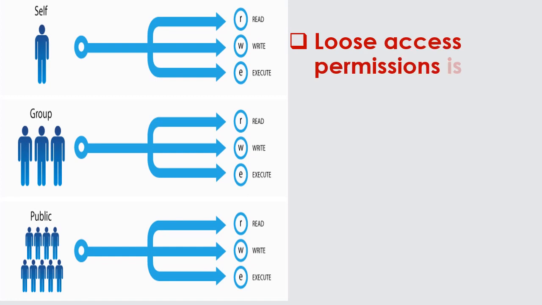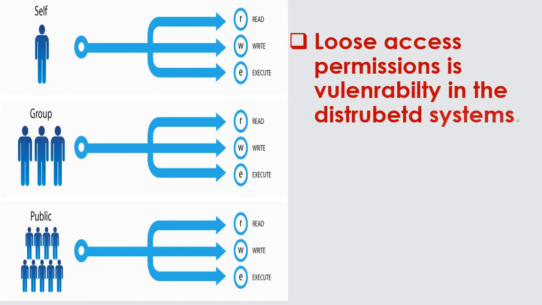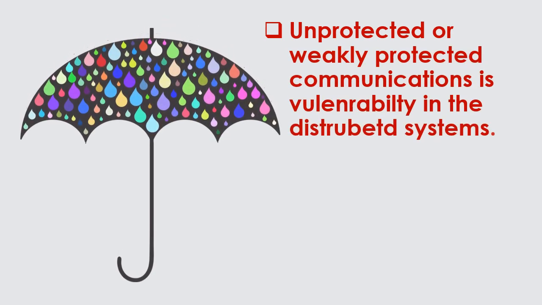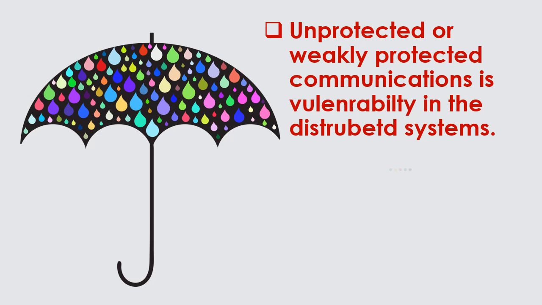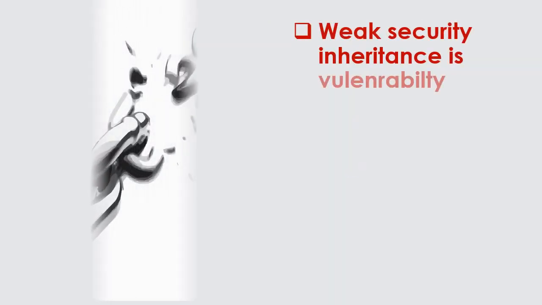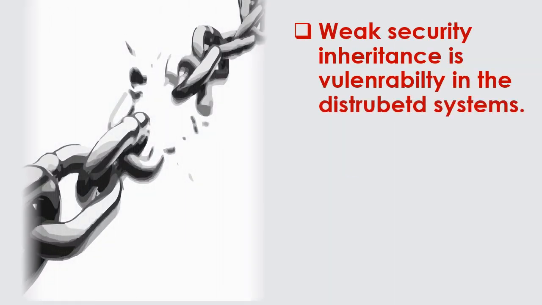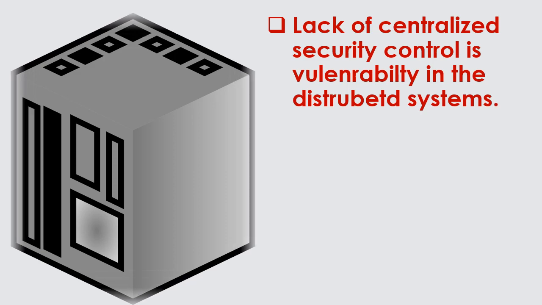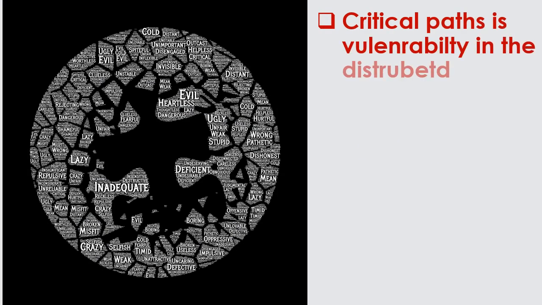Loose access permissions is a vulnerability in the distributed systems. Unprotected or weakly protected communications is a vulnerability in the distributed systems. Weak security inheritance is a vulnerability in the distributed systems. Lack of centralized security control is a vulnerability in the distributed systems. Critical paths is a vulnerability in the distributed systems.